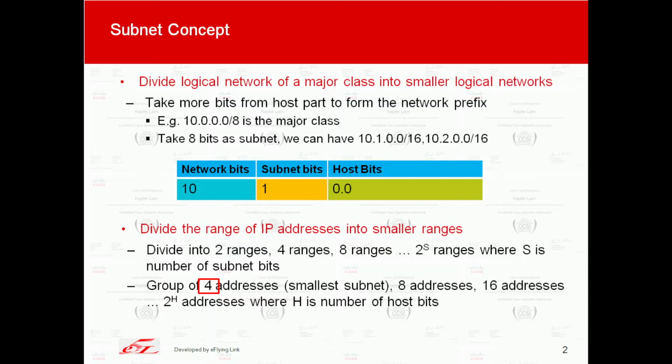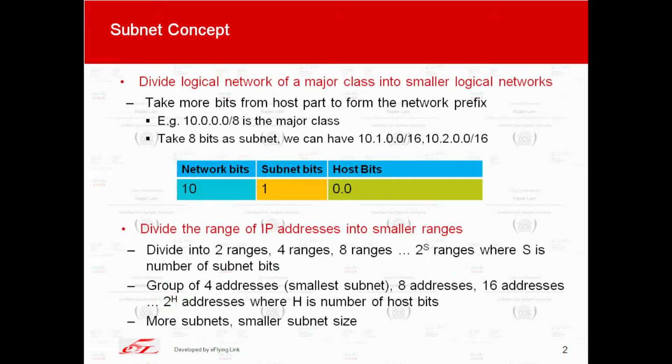If we take 3 bits as the host bits, then we get 8 addresses. And then the next one is 16, 32, and so on. That means you get 2 to the power h addresses in each range, where h is the number of host bits.